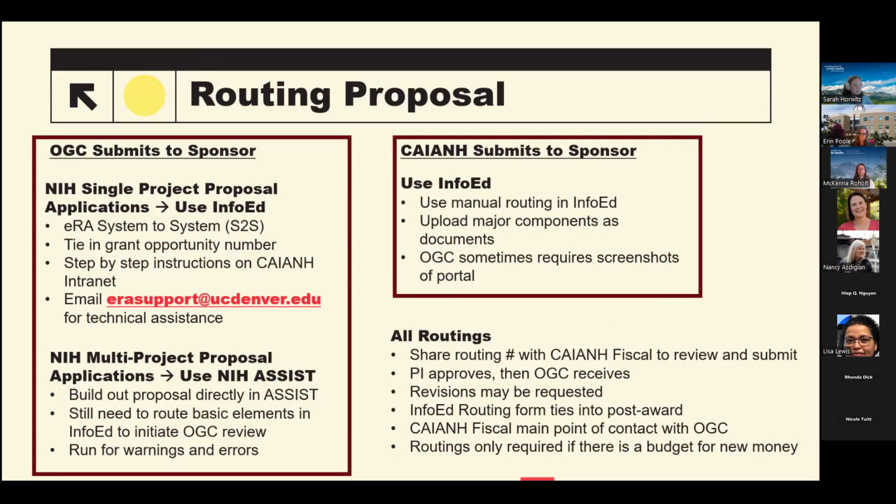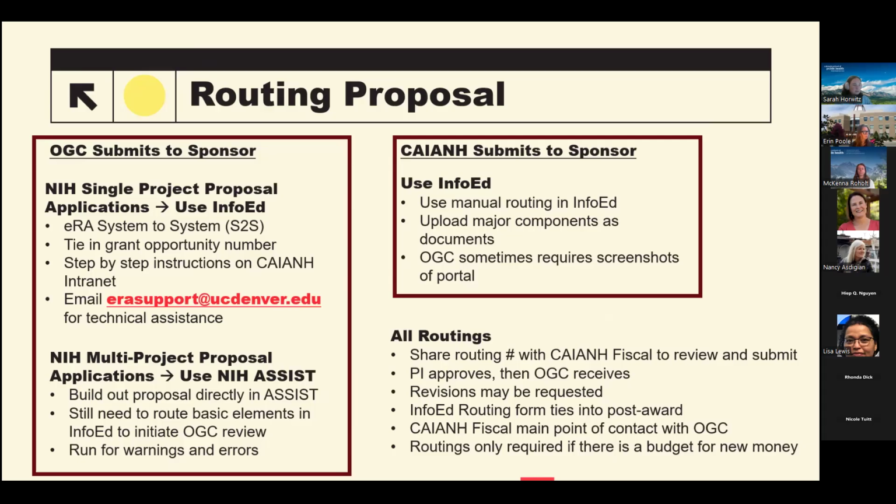But someone will share the routing number with Cayenne Fiscal, usually through that form, and we will do a review. We need 2 days to do the review, and then we'll be the ones to submit it to OGC. And then after we submit it, the PI does get a notification through the system that they need to approve before it goes on to the next step.